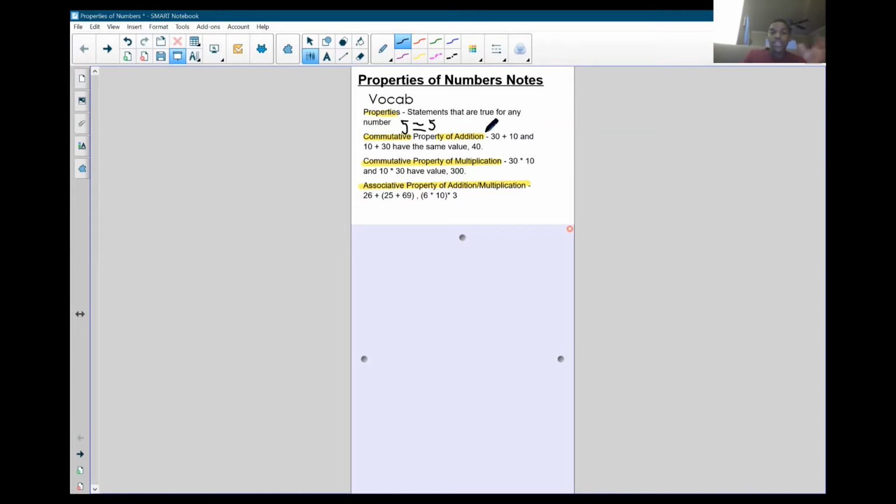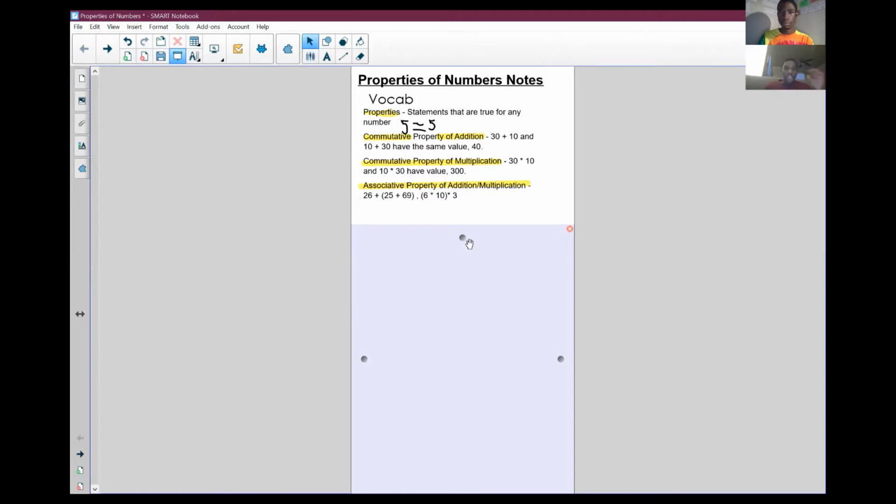So you've got 26 plus 25 plus 69. Of course, you've got the parentheses around the 25 and the 69. Same thing with multiplication. 6 times 10 times 3, with 6 times 10 in parentheses. So I do have some examples for this one.